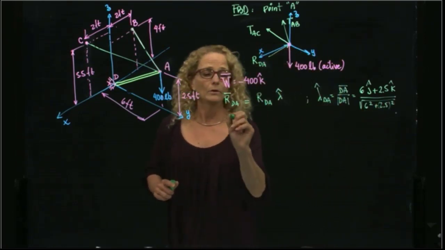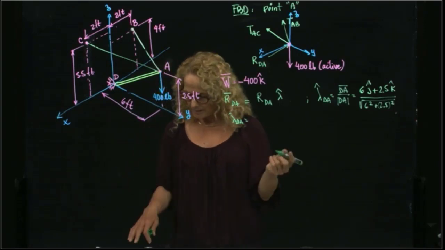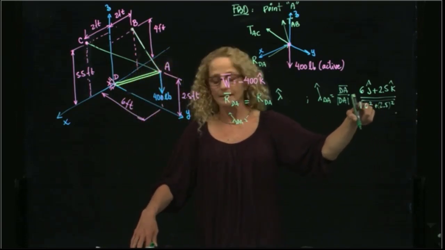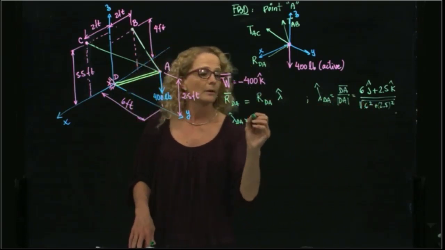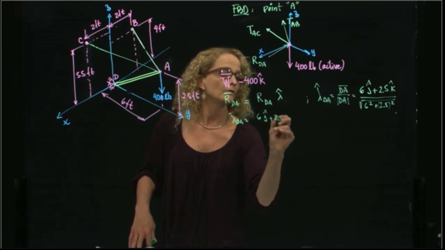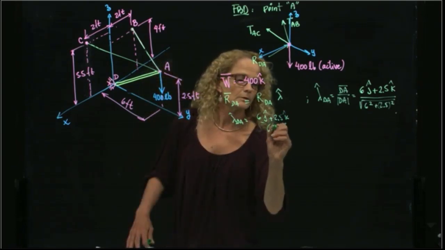That gives me a value of 6.5. So that will be 6j plus 2.5k over 6.5.